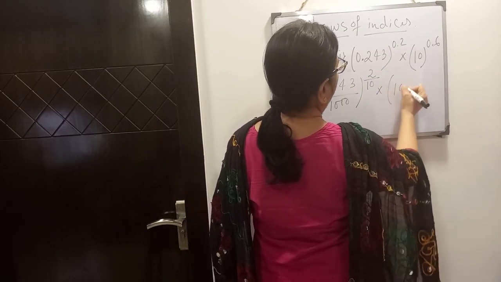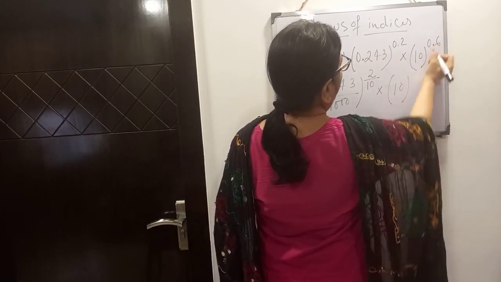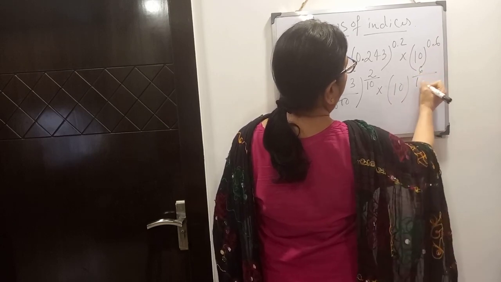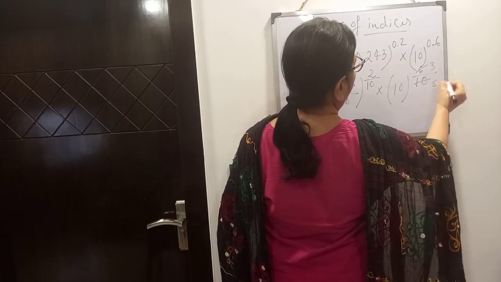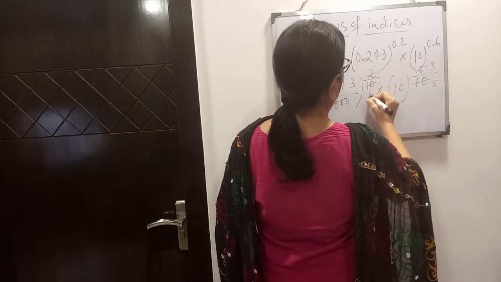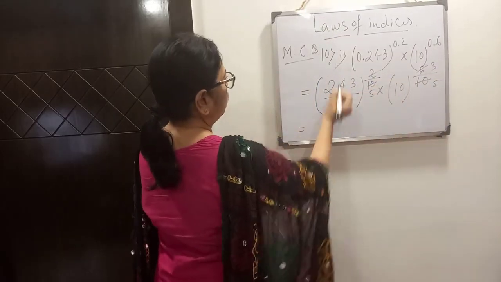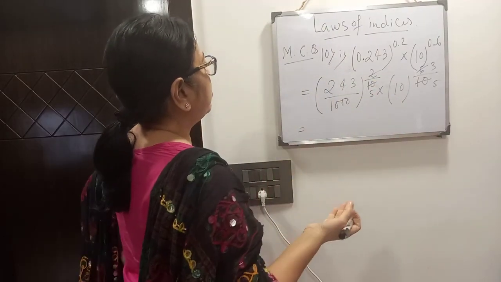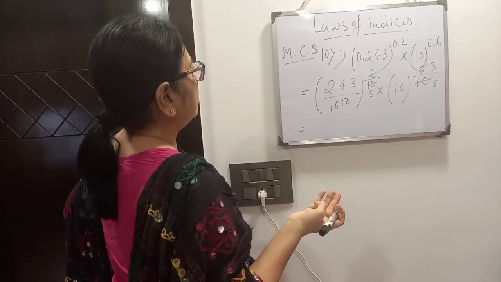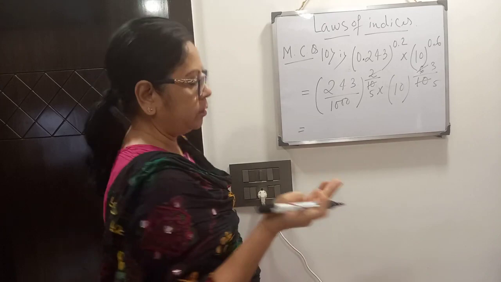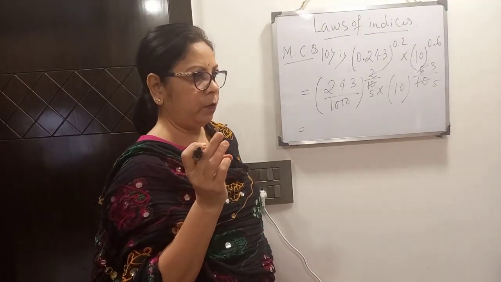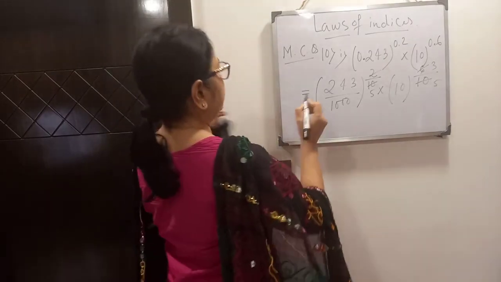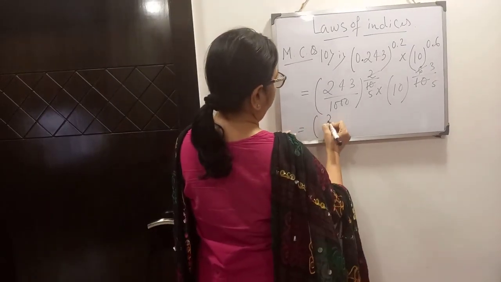And here, in place of 0.6, I can write 6 by 10. Now this and this you cancel: 3 by 5, and here 1 by 5. And 243 in terms of prime numbers: 3 3s are 9, 9 3s are 27, 27 3s are 81, 81 3s, that means 3 to the power 5.